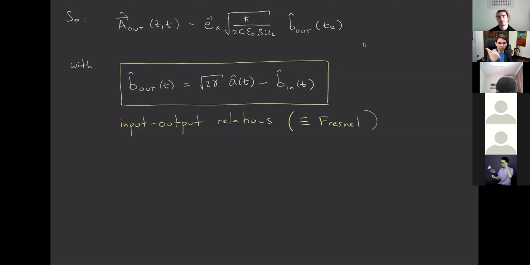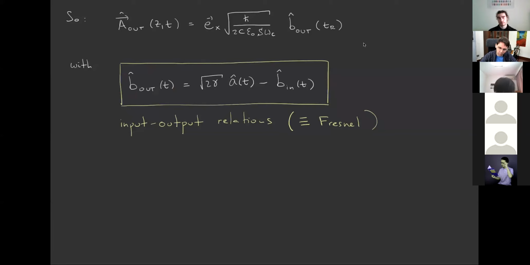So the part of the input field that is reflected from the mirror gets a minus phase. So the interference of those two things, the intracavity field and the reflected input field, that's the output field. So it's very, very intuitive, okay?